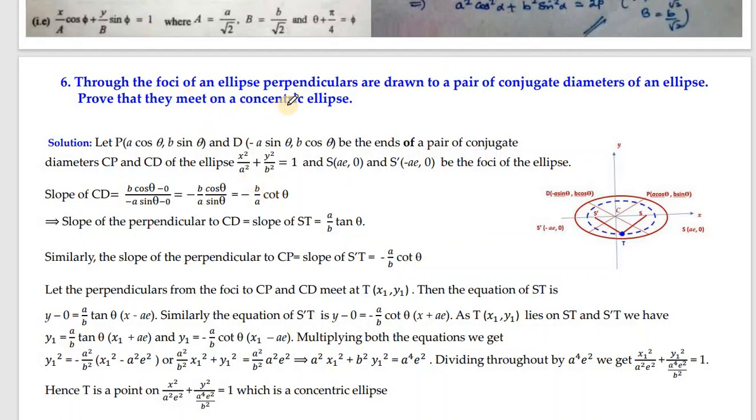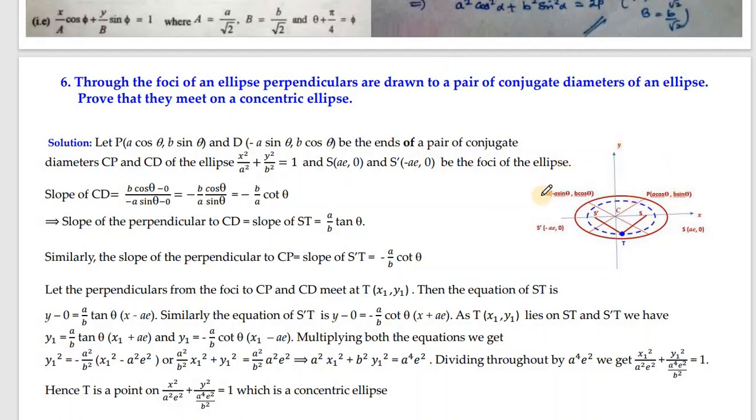Now through the foci of an ellipse, perpendiculars are drawn to a pair of conjugate diameters of the ellipse. Prove that they meet on a concentric ellipse. So the dotted one is the concentric ellipse. So this is what we are trying to prove. P is A cos theta, B sin theta at one point.